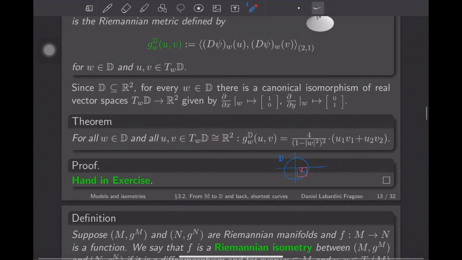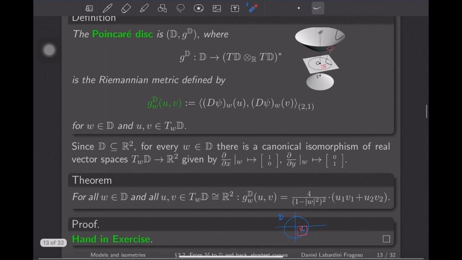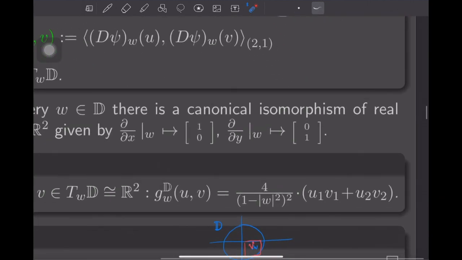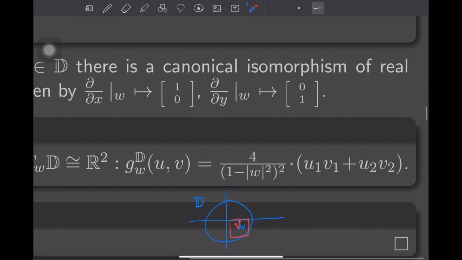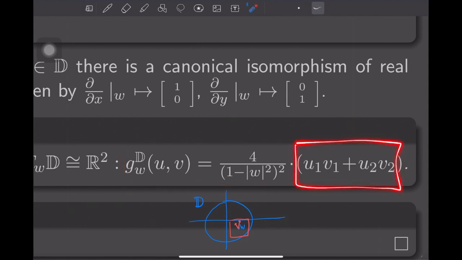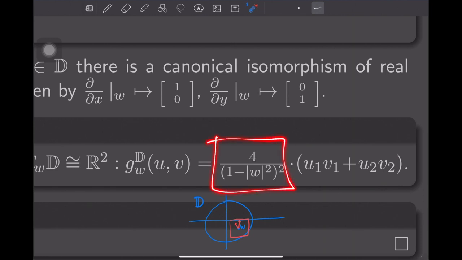Okay, and then just to finish for today, I just want to say that one usually just goes to a book and it gives you this formula, and one can make sense of it: this is the usual dot product, and then you rescale it in such a way that what I just said happens when you are close to the unit circle. But why on earth would you come up with this?